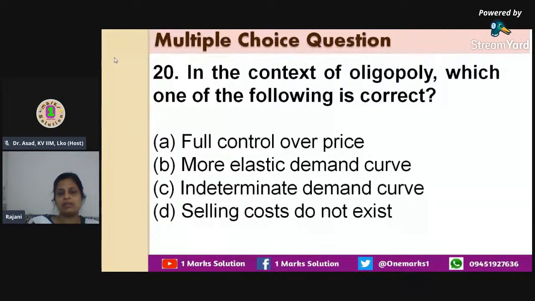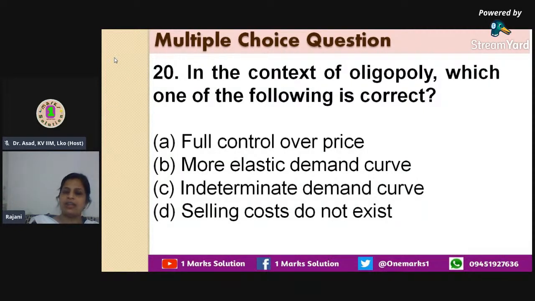No, that is incorrect because interdependence is there in oligopoly. They cannot make their own strategy independently. So full control over price is the incorrect option. Then next is more elastic demand curve.